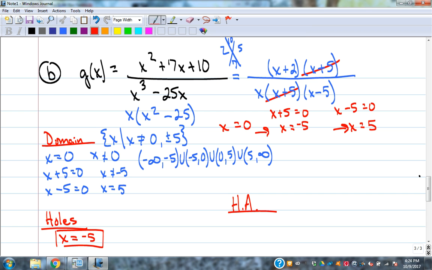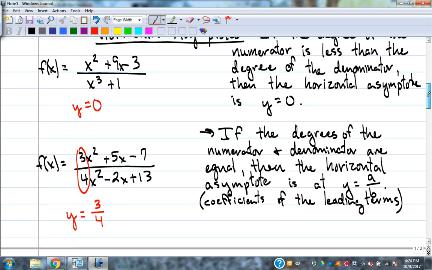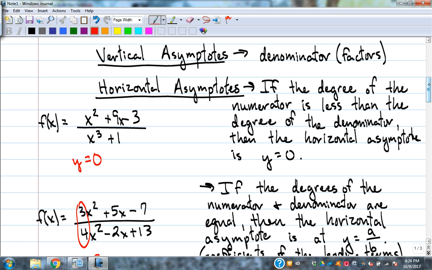So it's 1 and 2 if we look at the simplified version. So it still follows the same rule, that the top is smaller than the bottom. If the top is smaller than the bottom, the horizontal asymptote is always at what? Y equals 0. That's coming from right there, that line there.